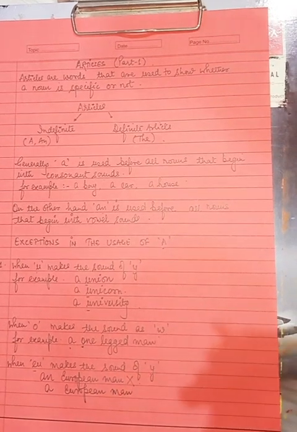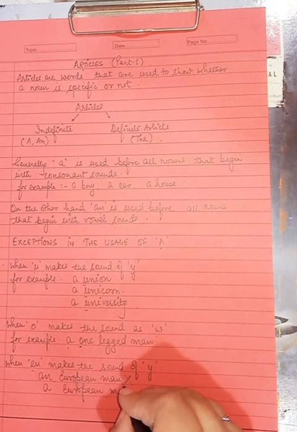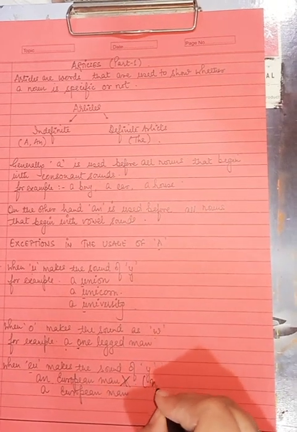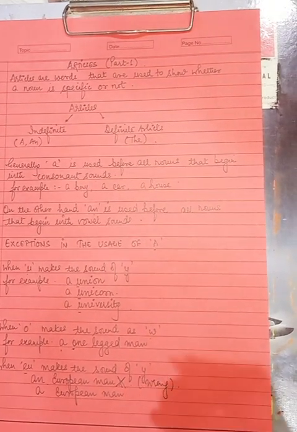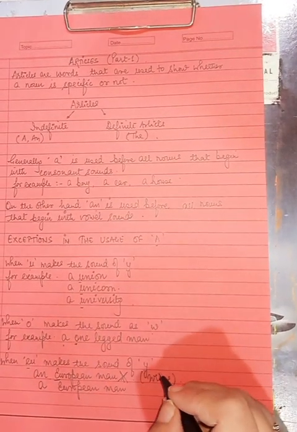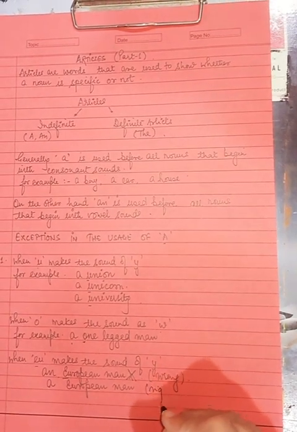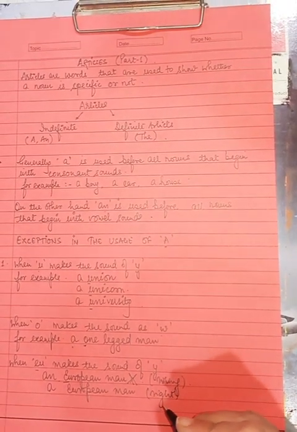So never ever say an European man. This is completely wrong usage. Why? Because EU makes the sound of a Y. So we'll go with the correct usage, that is a European man.